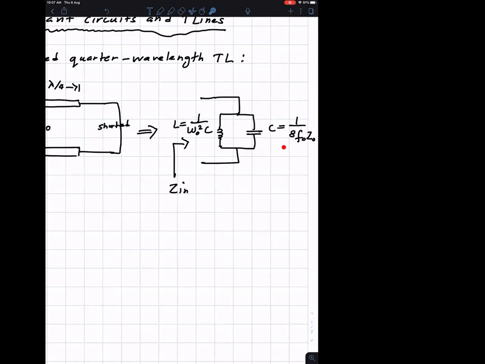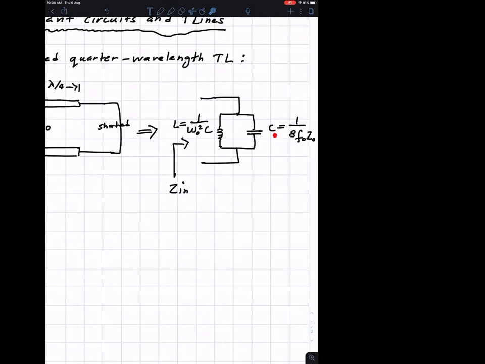These formulas can all be derived, but we are not showing that here because this is outside the scope of this course. So capacitance is 1 over 8, the frequency of operation multiplied by the characteristic impedance.